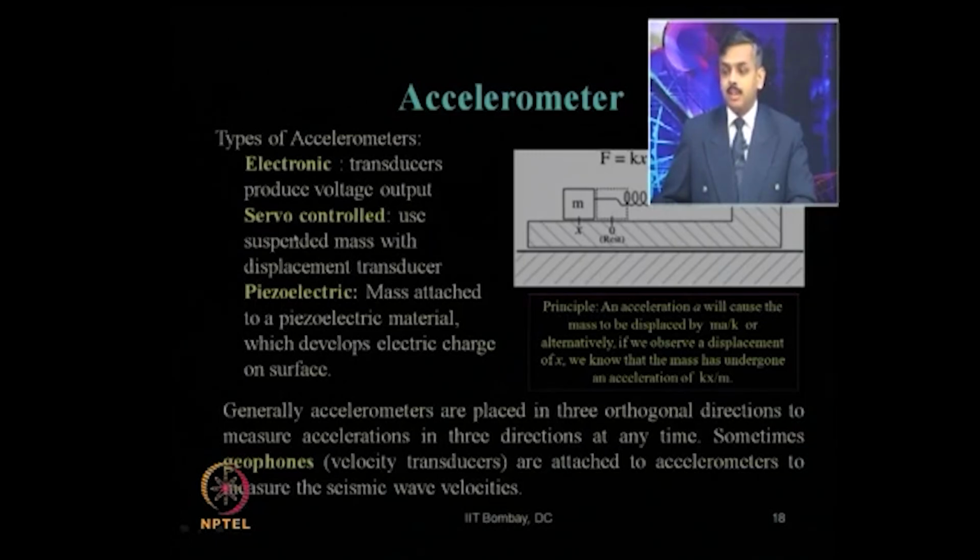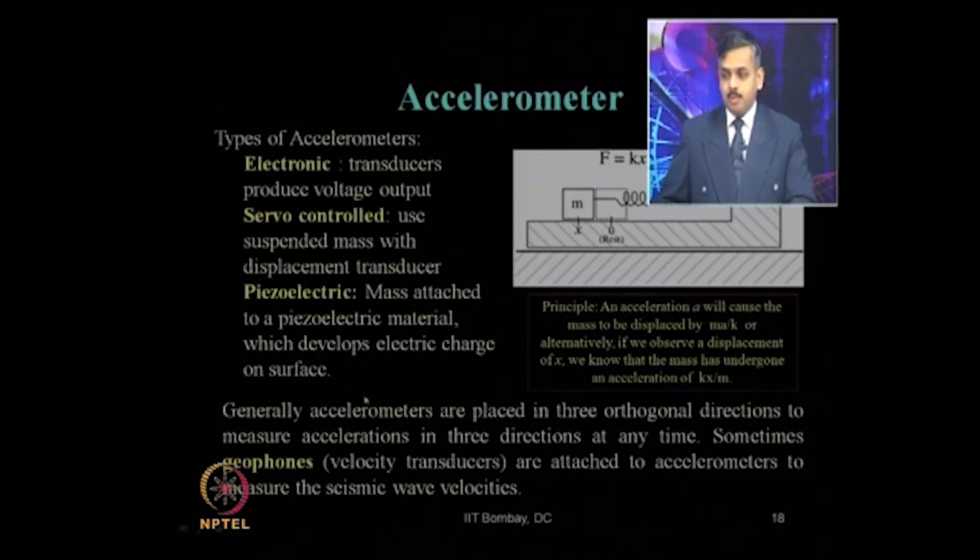So, that is nothing but servo controlled. Piezoelectric is a mass attached to a piezoelectric element, different types of piezoelectric elements are there, which develops an electric charge on the surface of this piezoelectric material, and that creates the recording of the accelerometer when there is shaking.